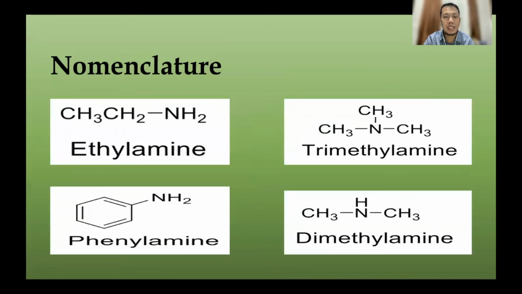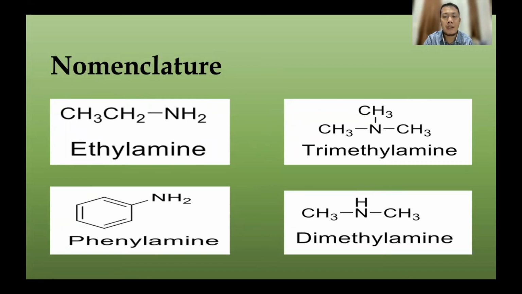These are some examples on how to name amines. The ones on the left are both primary. You have there ethylamine. The other one is phenylamine, or known as aniline. The one on the right is a symmetrical amine.